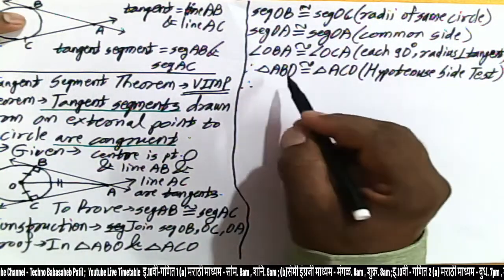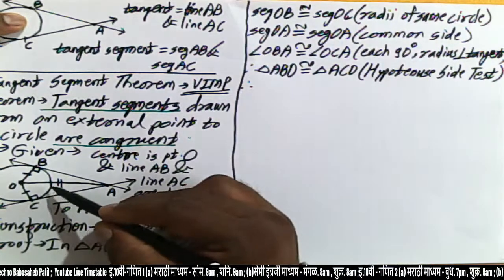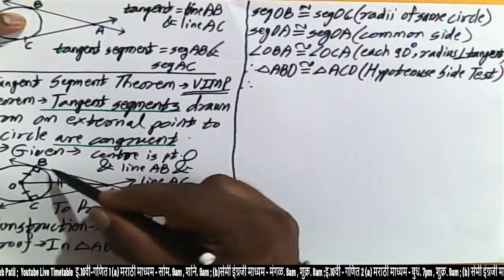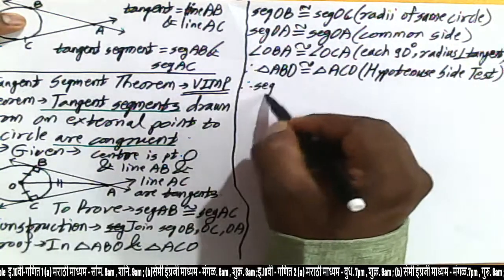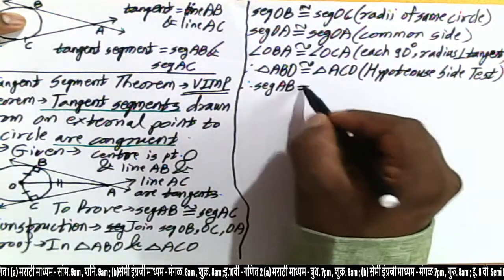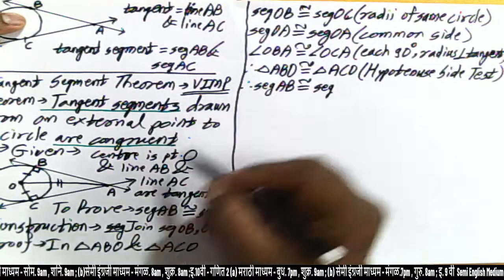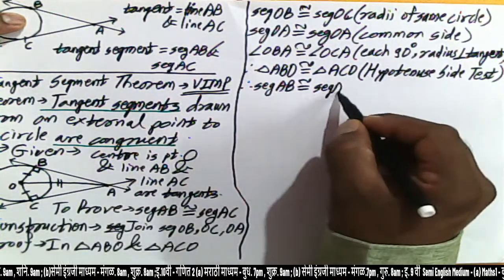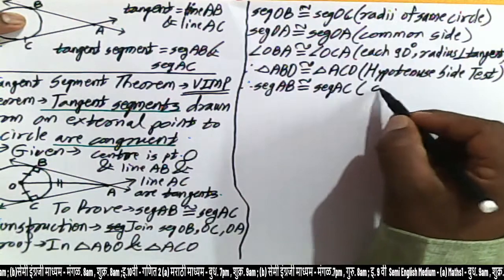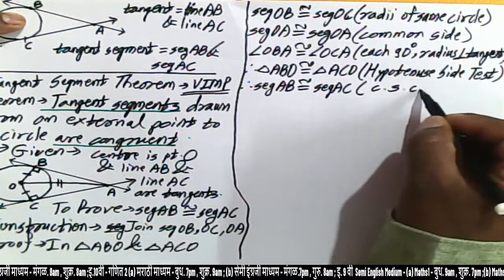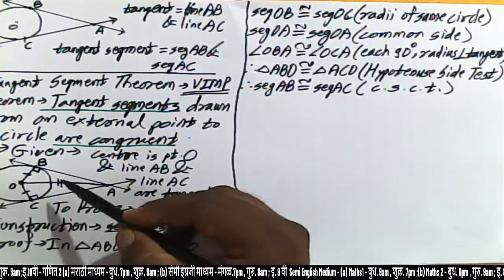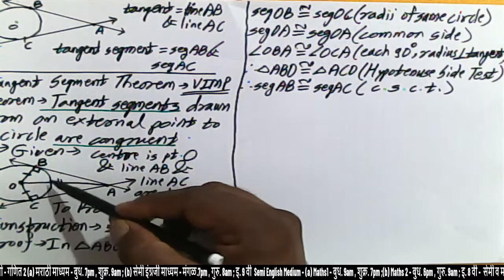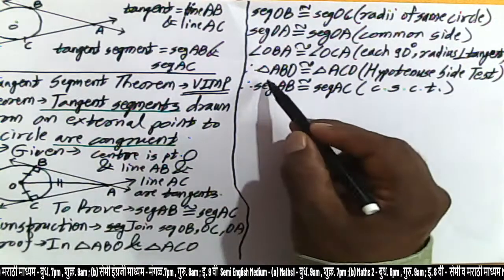Therefore, if two triangles are congruent, then corresponding sides are congruent, that is segment AB is congruent to segment AC, and the reason is corresponding sides of congruent triangles.